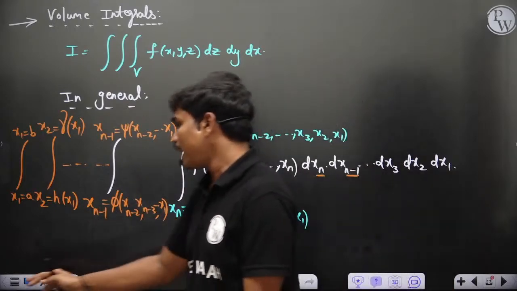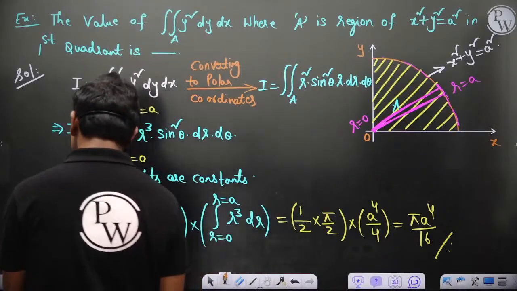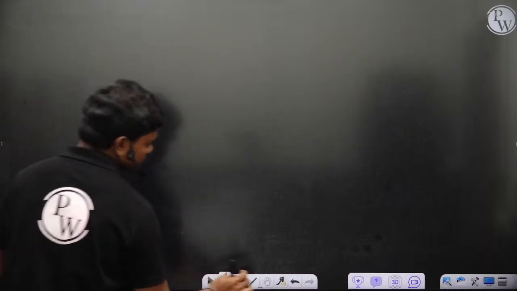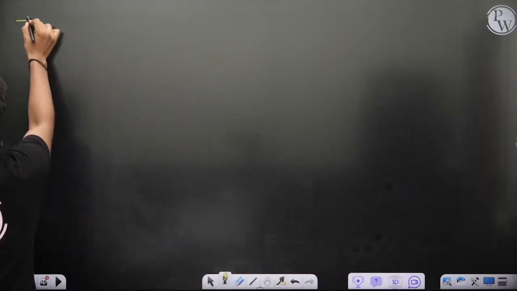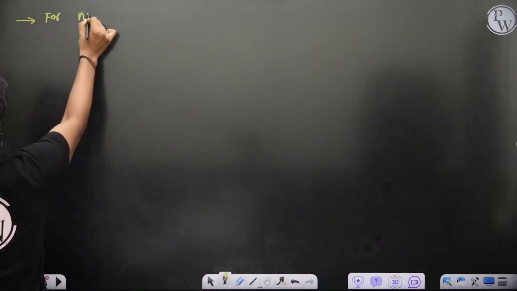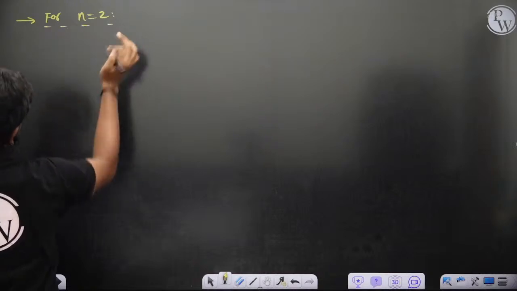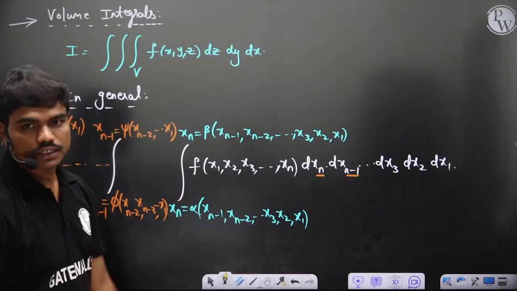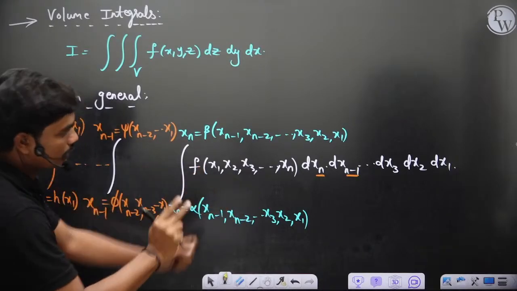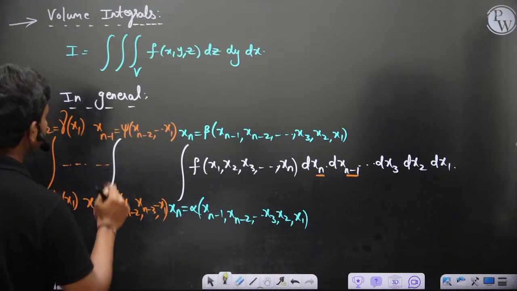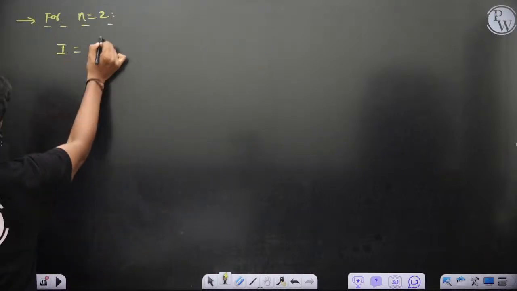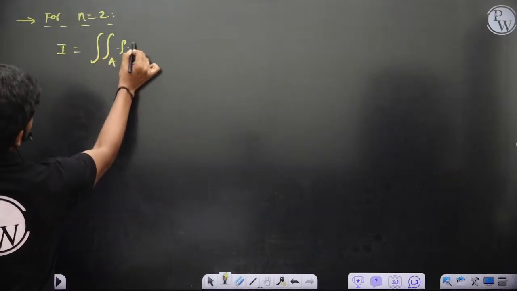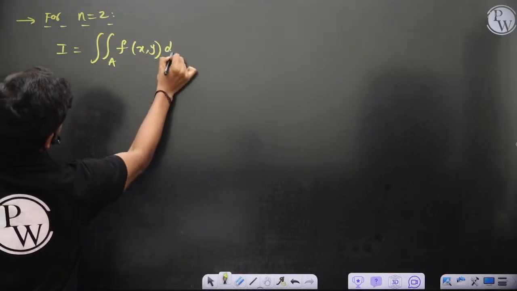Let me explain. For n equal to 2, let's say there is involvement of only two variables. In this function you have only two variables, n goes up to 2. Then I is equal to the integral over some domain of f of x comma y dA.